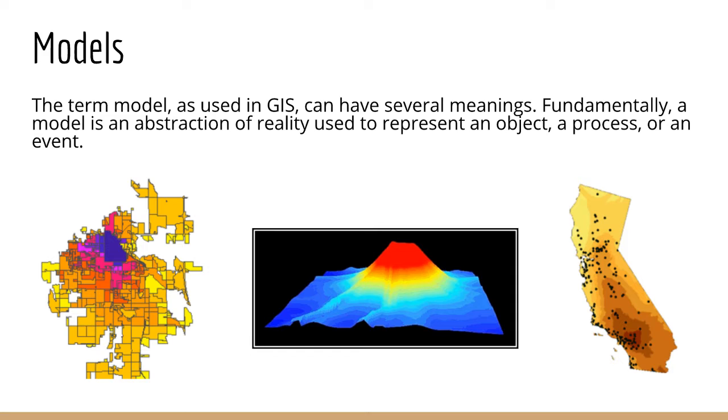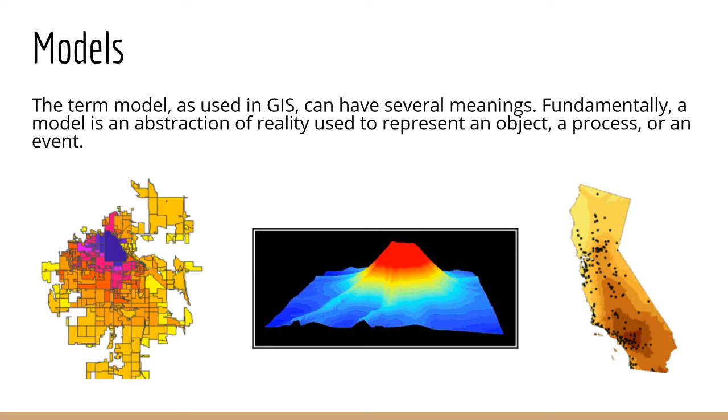So most of what we do in GIS is some level of modeling the real world, whether it be an object, like in this case, a single mountain showing elevations, or whether it be some kind of process where you're looking at maybe erosion of a trail in the national forest and trying to determine the types of soils and the steepness and the proximity to streams, and so you're modeling susceptibility of erosion a trail may have and its impacts on water quality depending on how close that trail is to a stream.